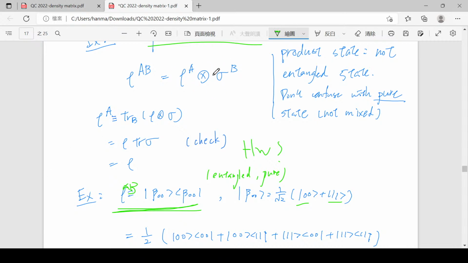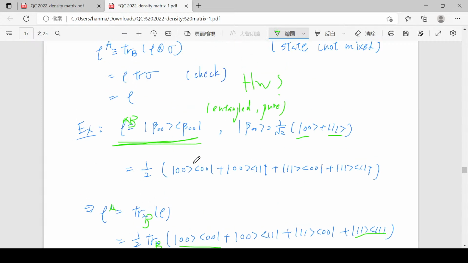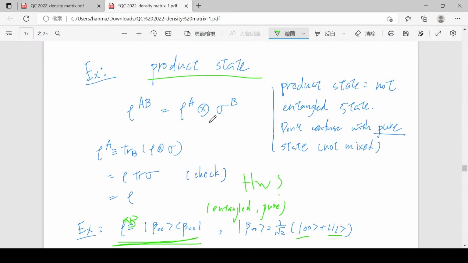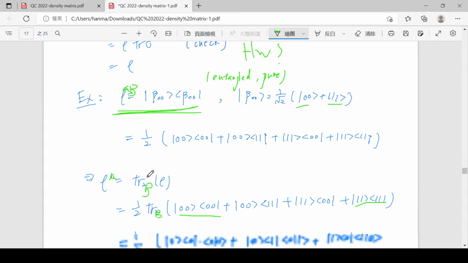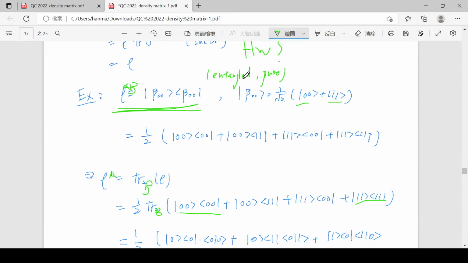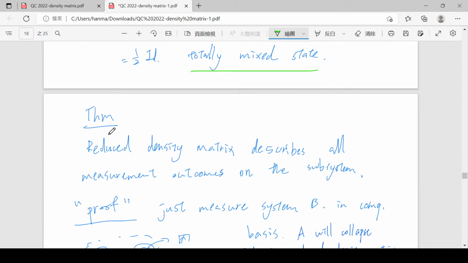Then you reduce it and it's still pure. And another thing that's also true is that it's an if-and-only-if thing. So if you have pure and entangled, then you trace out a part, and this entanglement makes the local part mixed.